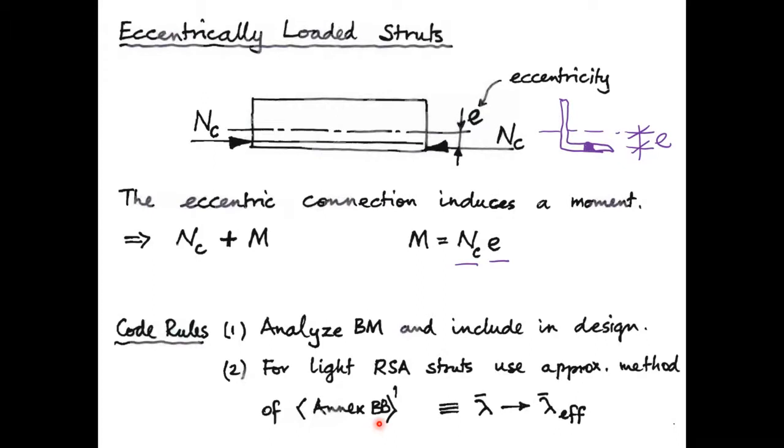So that's what I'm going to do in this example. We effectively change the normalized slenderness value to an effective normalized slenderness value, and that will take into account the moment. In other words, we're going to increase the normalized slenderness value a little bit to call it an effective normalized slenderness value. That will take into account the eccentricity, or the additional stresses applied due to the eccentricity.